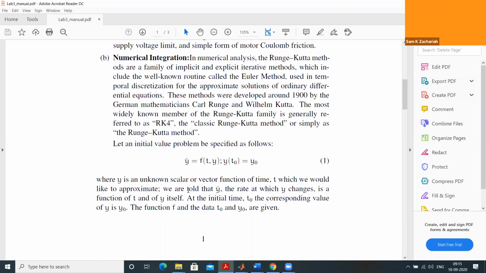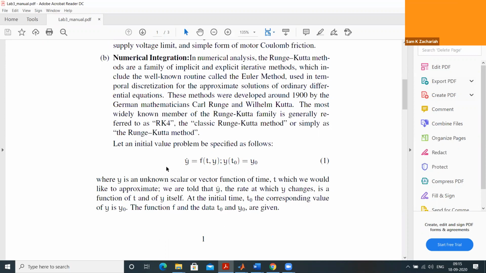What is given is that y dot, the rate at which y changes, is known, and that is a function of t and y. At the initial time, the corresponding value of y is y0, and the function f and the data t0, y0 are given.